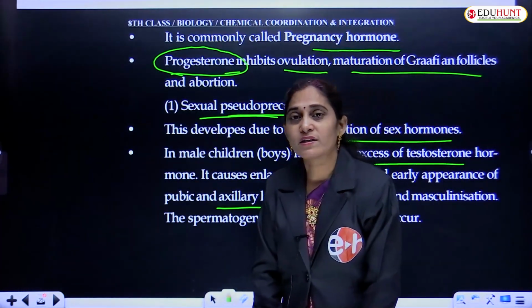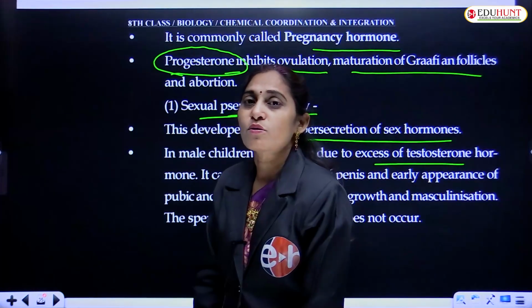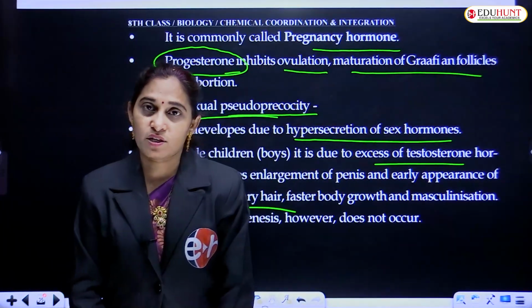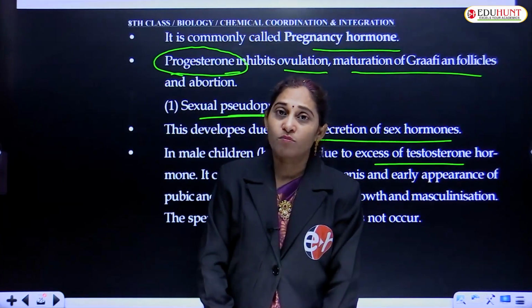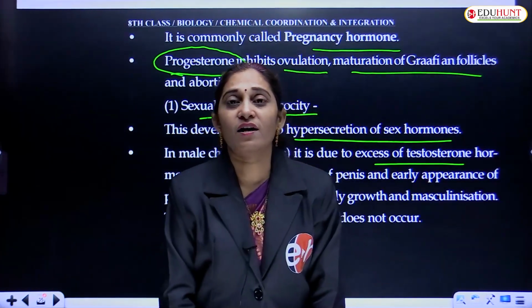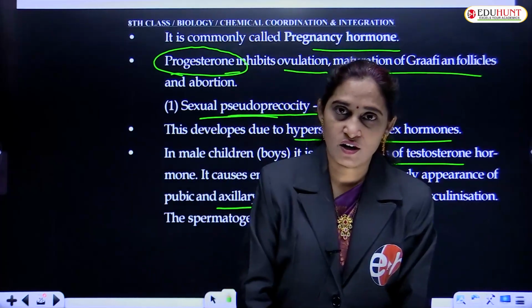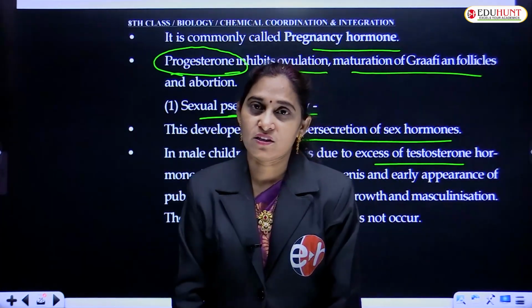And even in females, there are two sex hormones called estrogen and progesterone. One point should be remembered, that all the sex hormones are steroid in nature. They are the derivatives of cholesterol. That is a remarkable point here.